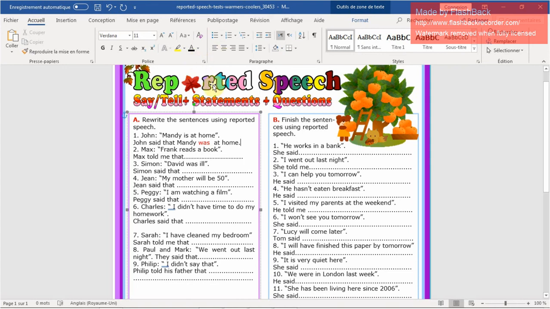Alright, now what about number 2? Frank reads a book. The verb read in simple present turns into simple past. And the verb read is irregular. So the simple past form of the verb to read is read.